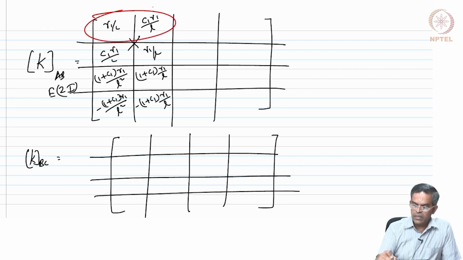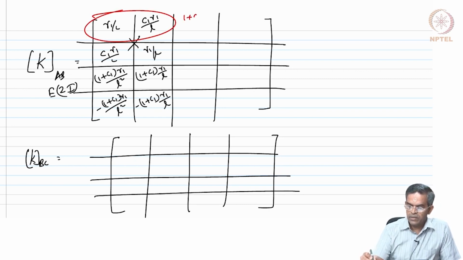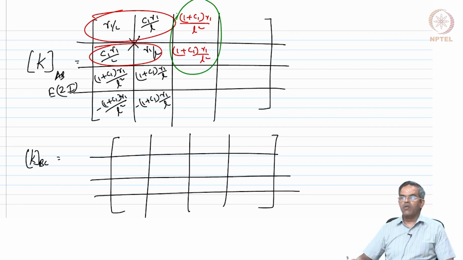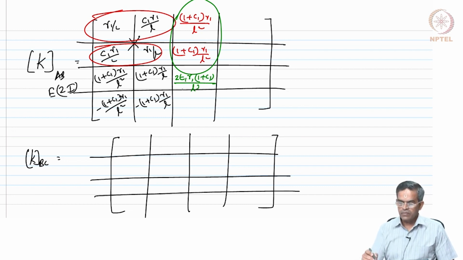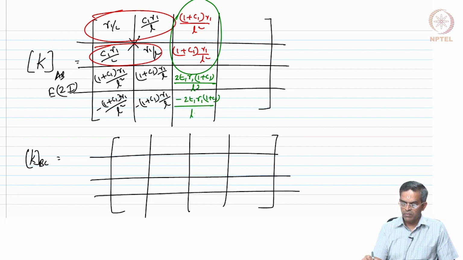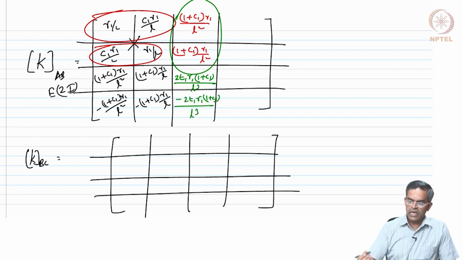Then we add these two and divide by L. So, 1 plus C1 R1 by L square, 1 plus C1 R1 by L square, that is adding these two by L, then adding these two by L but a T along with that. So, that is going to be 2 T1 R1 1 plus C1 by L cube, minus 2 T1 R1 1 plus C1 by L cube. The fourth column is negative of 3.